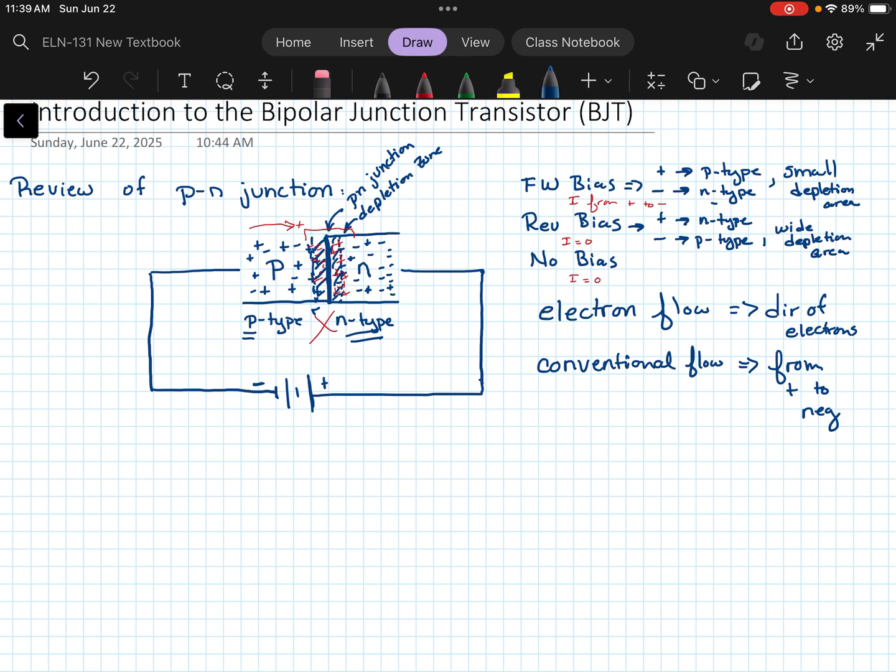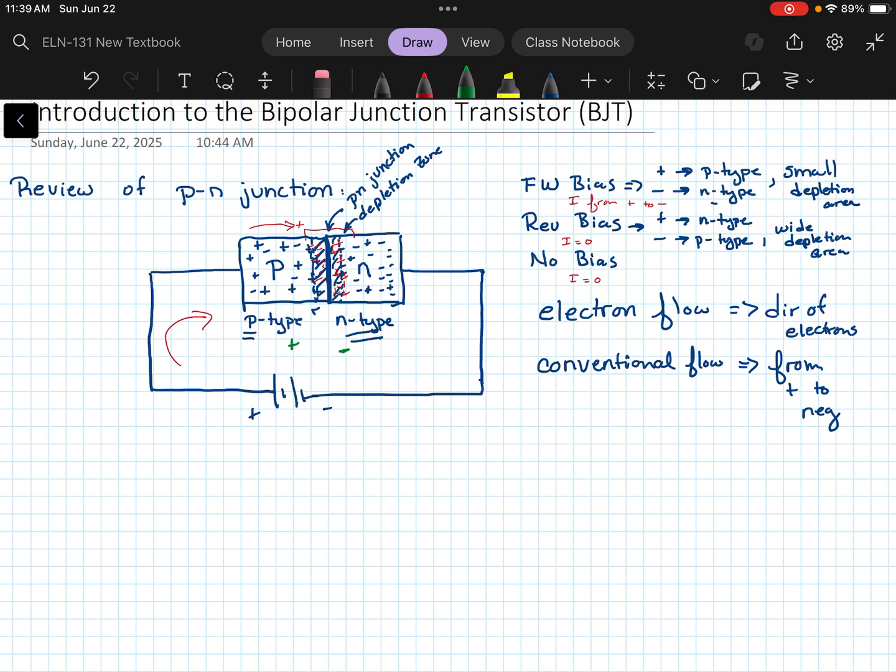Lost some things there. I'm going to redraw this in the forward bias. So in the forward bias, we will allow current to flow through here so long as we can get past this depletion zone, and there is a small voltage associated with that.